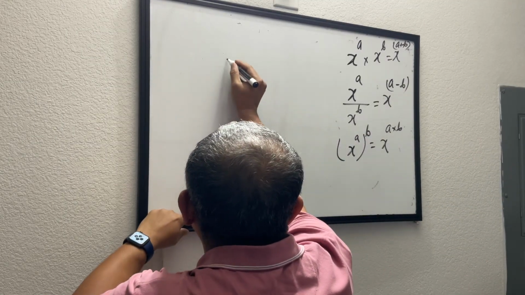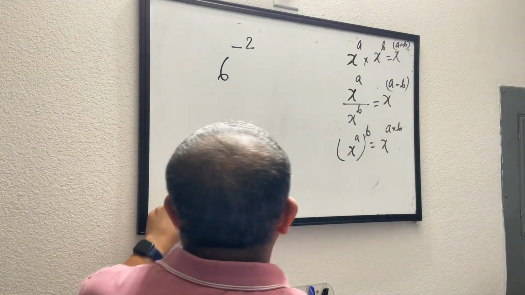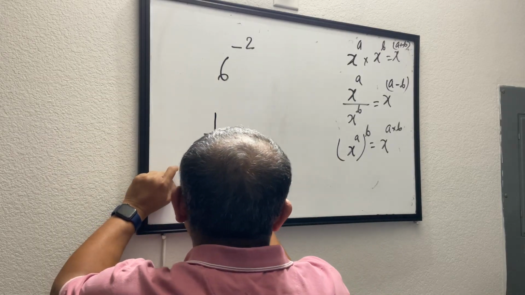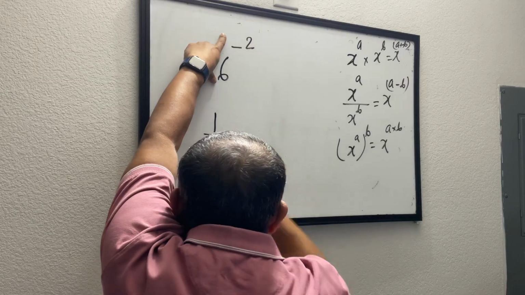If somebody says 6 to the power minus 2, it simply means it will become 1 by 6 to the power 2. I'm just making this whole thing travel from numerator to denominator.